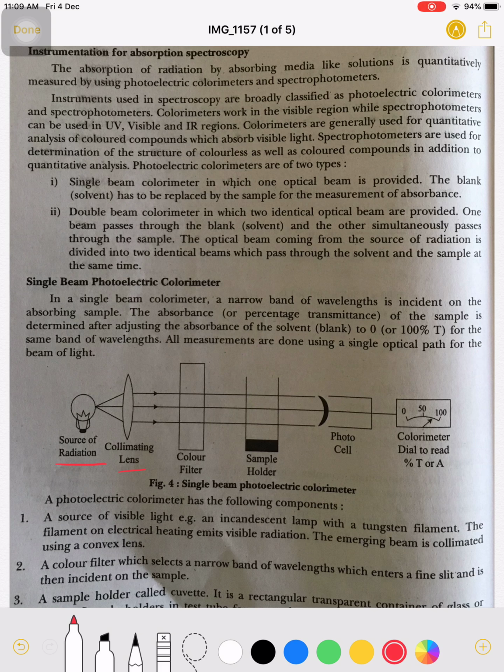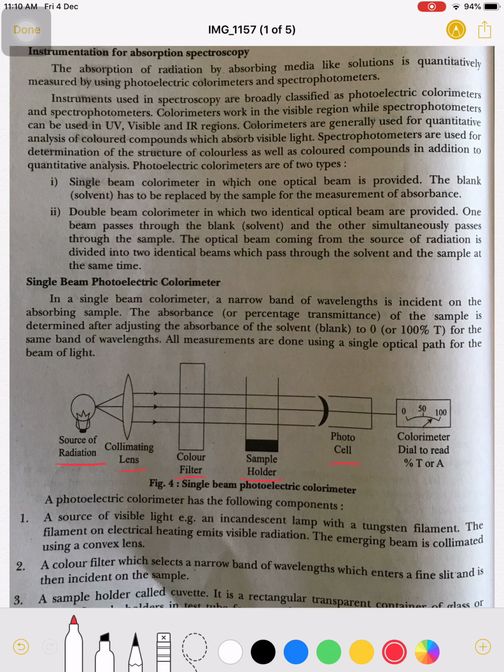Collimating lenses are used here, and the color filter is also there. Now we are putting the sample holder in between the source of radiation and the photocell.